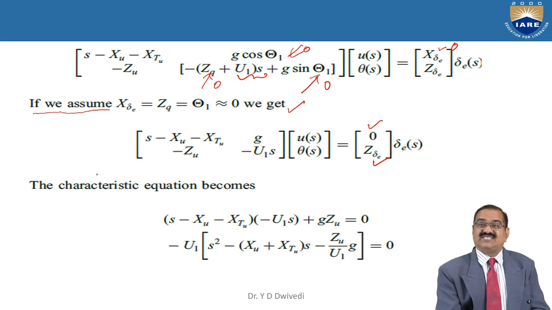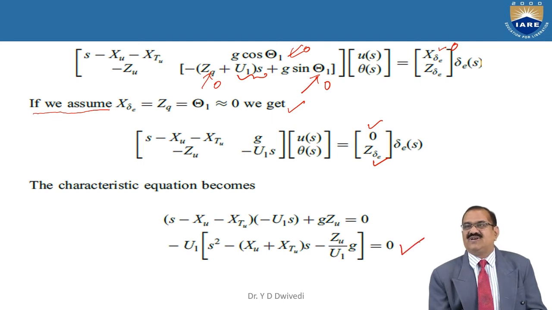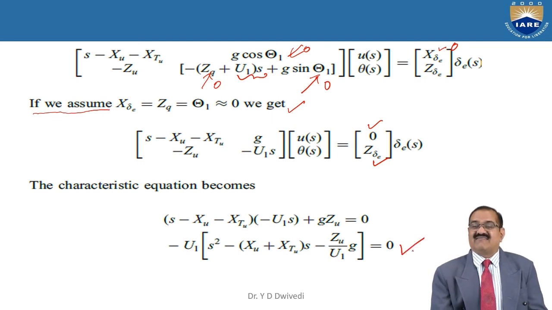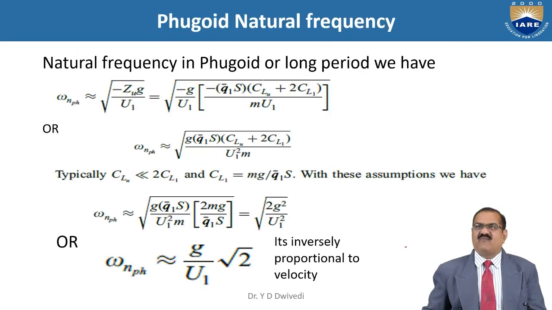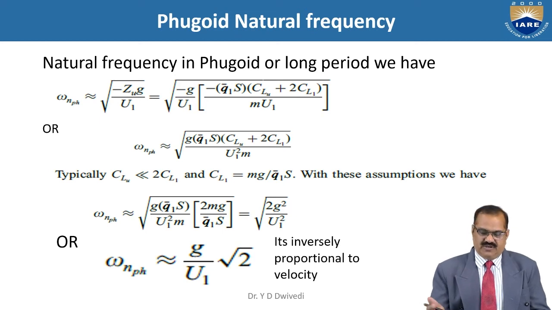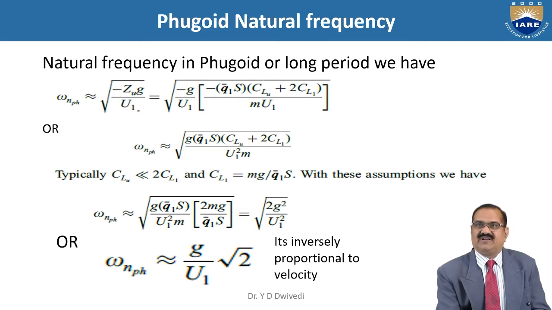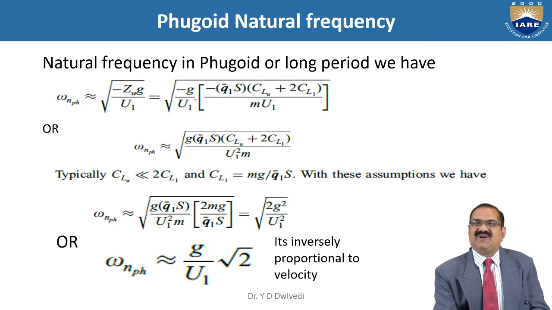So the characteristic equation you get is: minus U1 s squared minus (Xu plus Xtu) s minus Zu g, divided by U1, equal to 0. By this equation we can find the natural frequency. Omega n ph is equal to the square root of minus Zu g by U1.